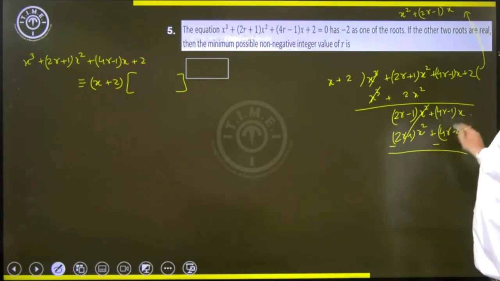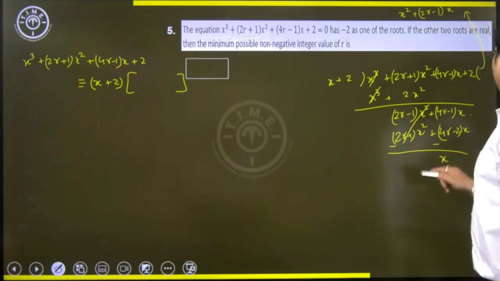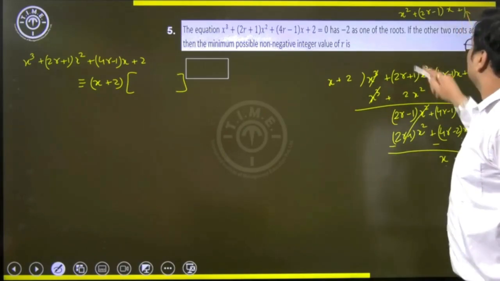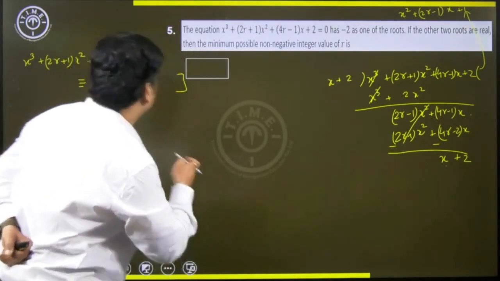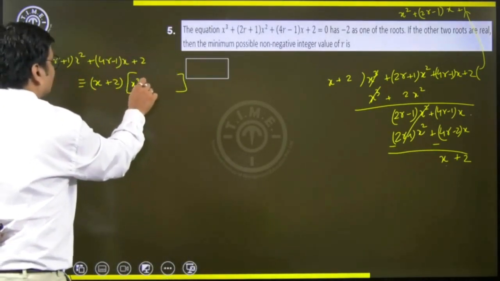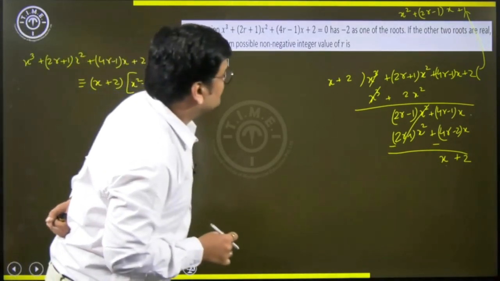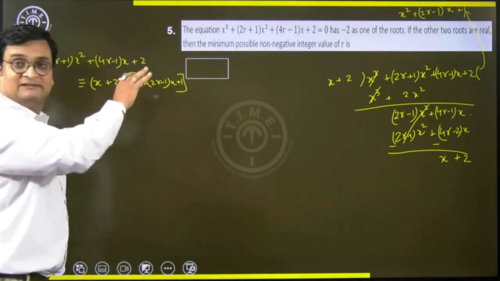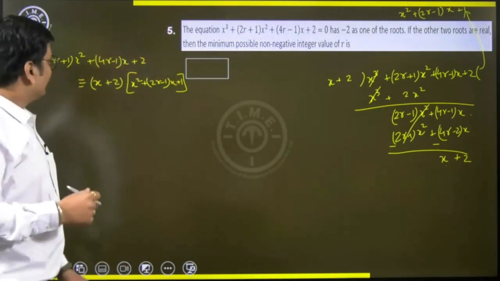When you subtract this, 4rx will cancel out, minus x plus 2x will give you plus x, and bring down this term plus 2. Now, x plus 2, x by x will give you 1. So, the quotient that I will get here will be x square plus (2r minus 1) into x plus 1. So, we can divide it like that and get the quotient.